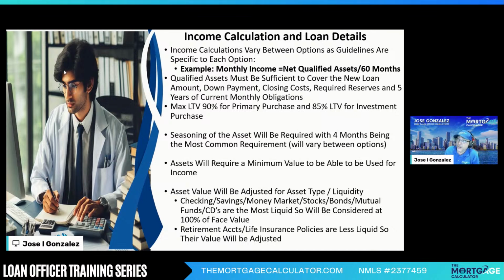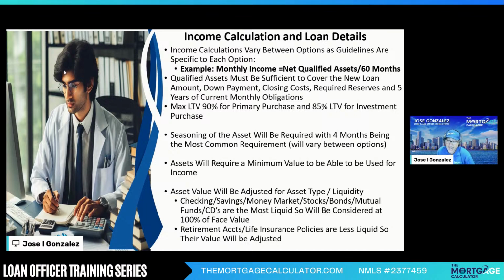But one thing to note, just like with every other non-QM loan, income calculations for the asset utilization are going to vary between options selected because all the guidelines are specific to each option, right? So, as an example, one of our investors has the calculation for income for asset utilization as monthly income equals net qualified assets divided by 60 months.